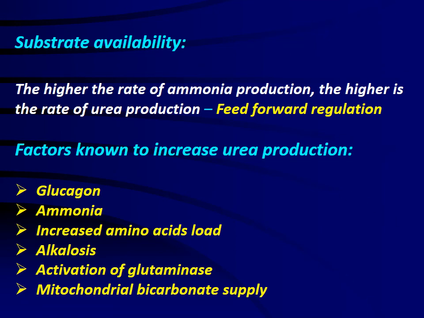Substrate availability: the higher the rate of ammonia production, the higher is the rate of urea production. This is feed-forward regulation of the urea cycle. Factors known to increase urea production: glucagon, ammonia, increased amino acid load, alkalosis, activation of glutaminase, mitochondrial bicarbonate supply.